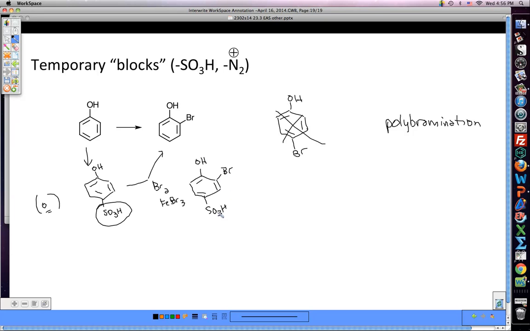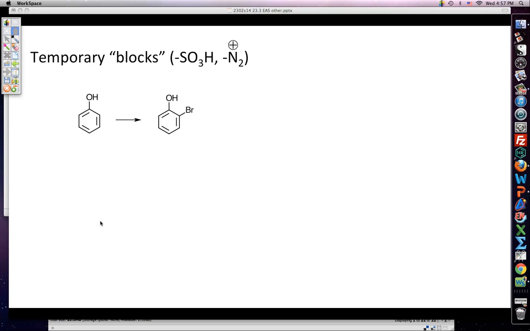And that's great, because it's meta to the sulfonyl, it's ortho to my ortho director, but then there's a whole other step. I have to take the darn sulfonyl back off. So it's a typical, you can't win with protecting groups. You've got to add an extra step to put the blocking agent in. You have another step to take the blocking agent back off. Kind of a drag. But you got to do what you got to do.